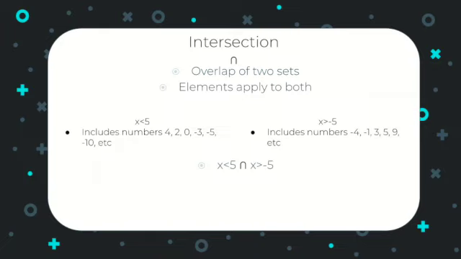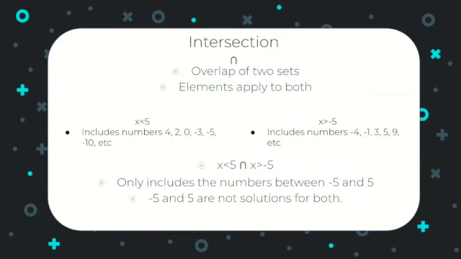Now, if we look at the intersection of these two inequalities, they only include numbers between negative 5 and 5. However, negative 5 and 5 are not solutions because there's no equal to on either one. So 5 is only in one of the solutions and negative 5 is in the other, but neither of them are in both.